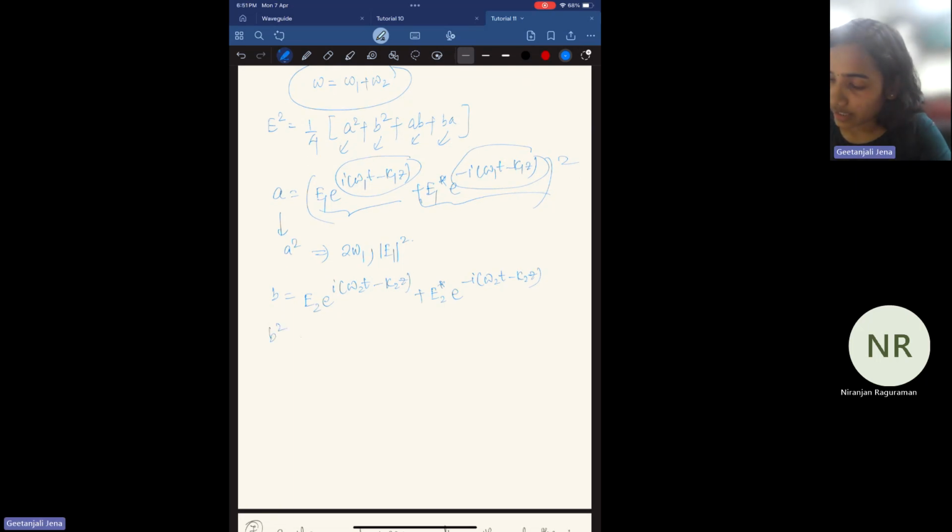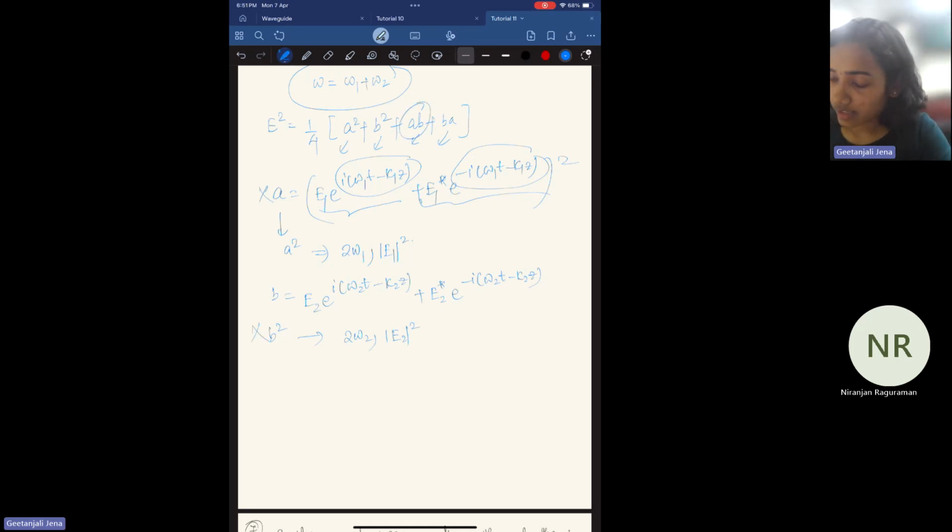So B squared will give a term with 2 omega 2 and a DC term which has amplitude E2 squared. So that means this term won't contribute.